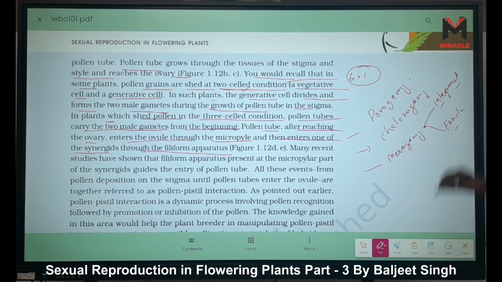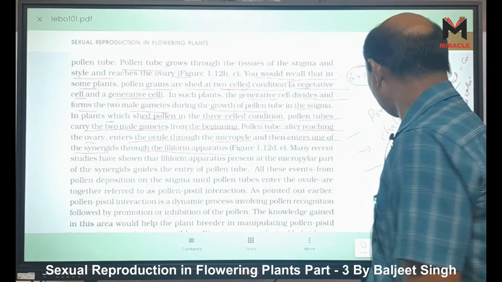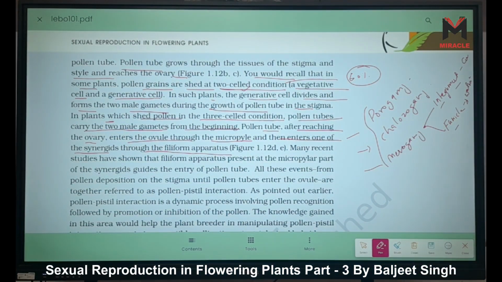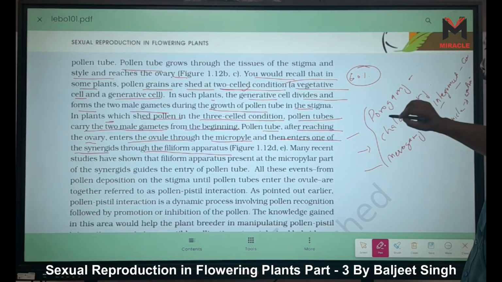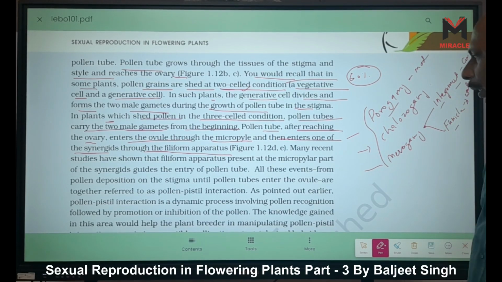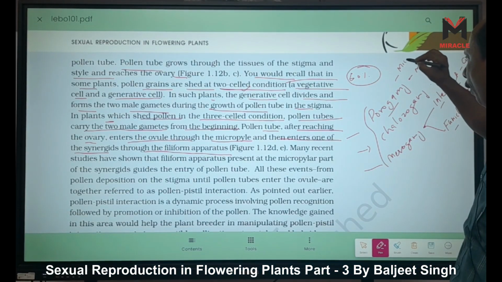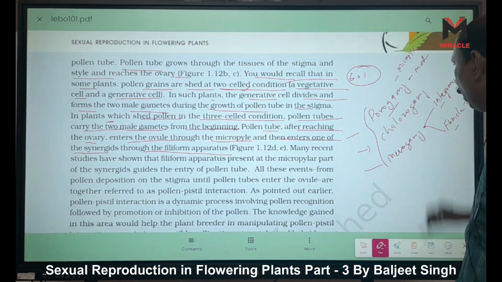Through the integument, like in the Cucurbitaceae family, and through the funicle, like in walnut or Populus, right? So these three types are the entry of the pollen tube inside the ovule. Porogamy is most common, and it is when the pollen tube enters through the micropyle, right? Through the chalaza is chalazogamy.